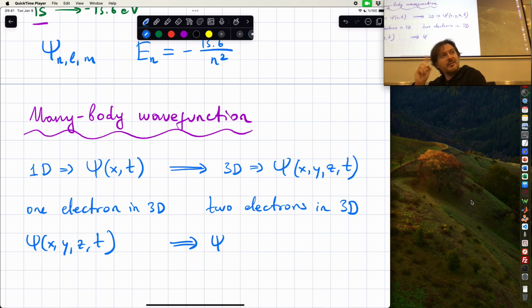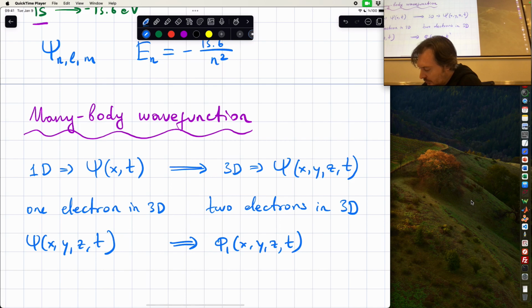So you might think that somehow there are 2 wave functions. You might think. That's the orbital view. So let me just write it down like this. You might think that there are 2 orbitals.